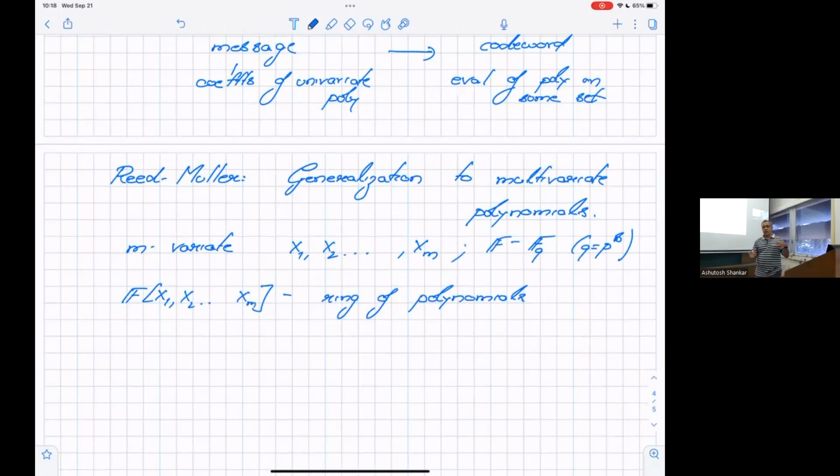But as in the Reed-Solomon case, we will restrict the degree. We will not look at arbitrary polynomials, but polynomials of a particular degree.